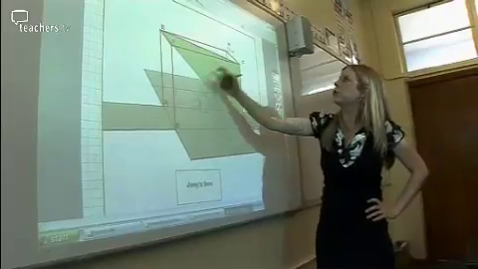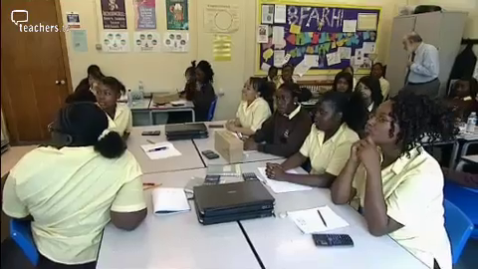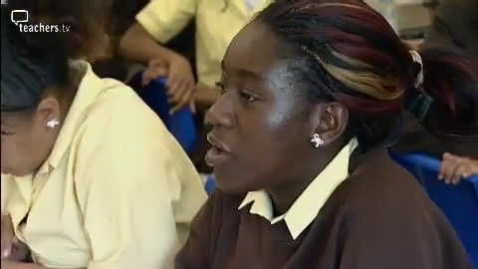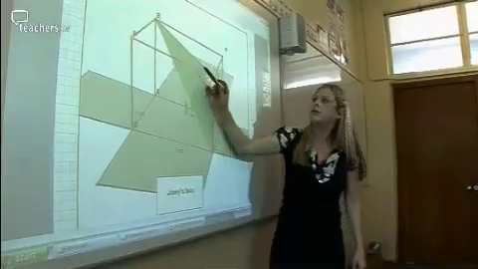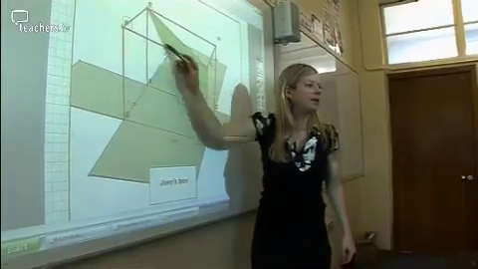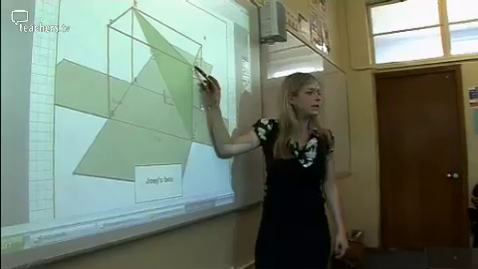So if we don't know this length here, how can we work out what it is? Elise? To find the length, you could use Pythagoras' Theorem. So we know that, for example, this side is 5.5 and this side is 8.2, so we can work out what EG is.